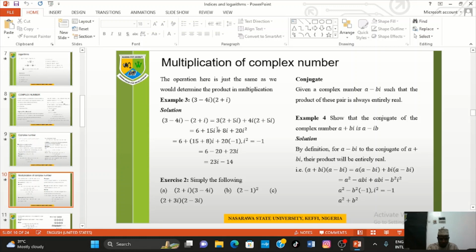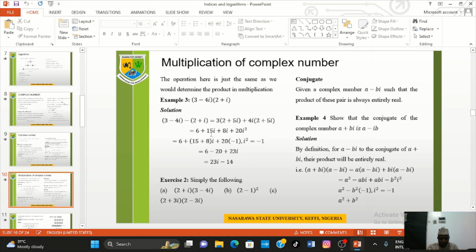So when you open the brackets here, 3 times 2 will give us 6. 3 times 5i will give us 15i. Then here, minus 4i times 2 will give us minus 8i, and minus 4i times 5i, 4 times 5 will give us 20. i times i will give us i squared.